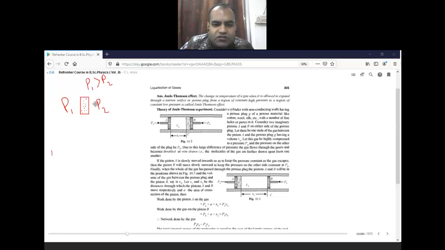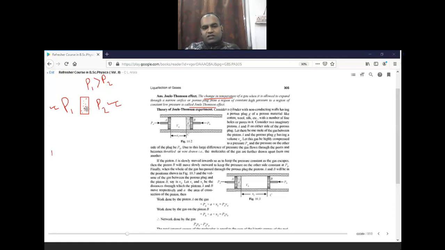When the gas is allowed to pass through the porous plug from a region of high pressure to a region of low pressure, then a type of cooling is generated. The change in temperature that is observed actually results in cooling. So whatever be the temperature of the gas here, the temperature of the gas in the other area will be smaller. Okay.